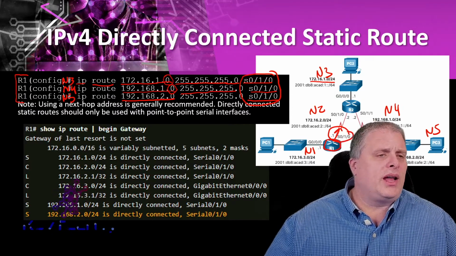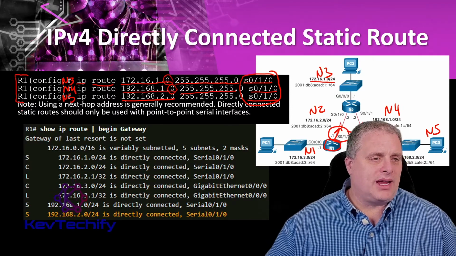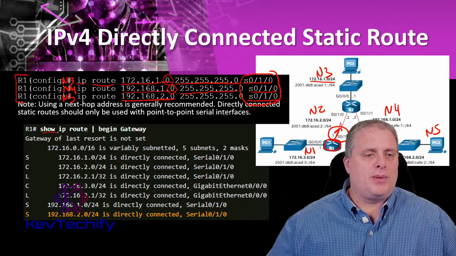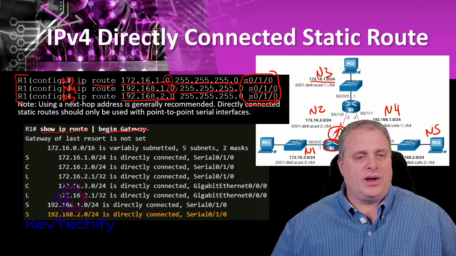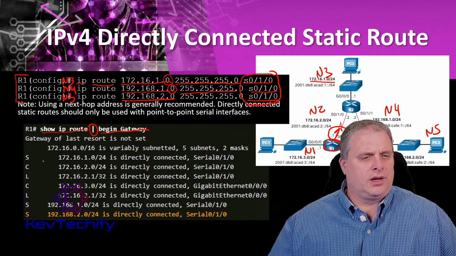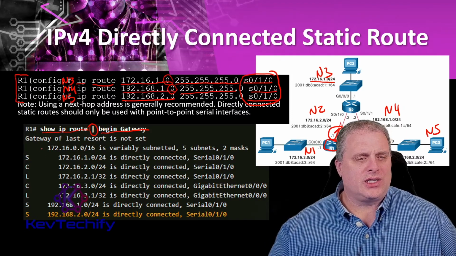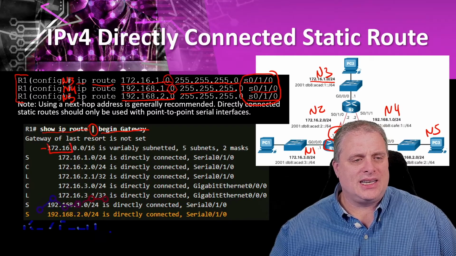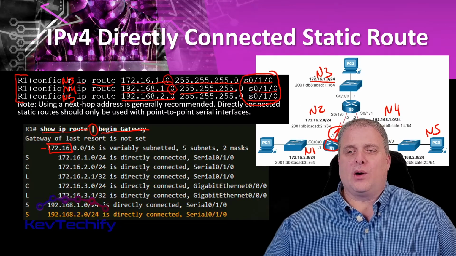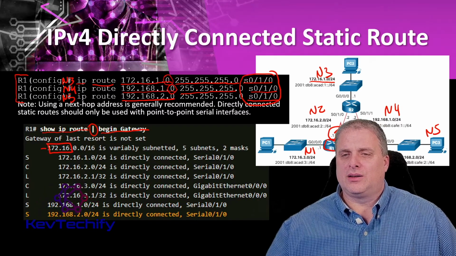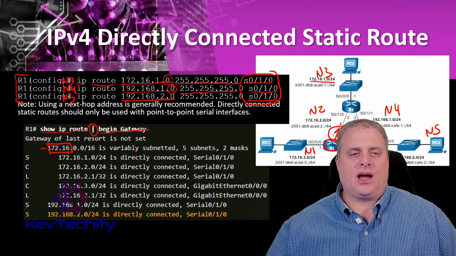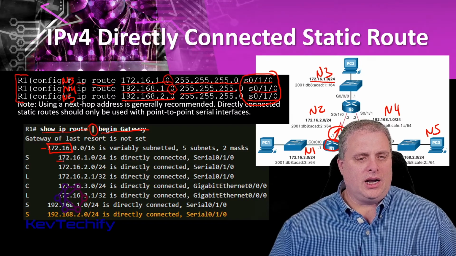We went in here, we entered in our commands up here. Now we did a show IP route, and we began with the gateway statement. We filtered it. We start off here with the parent address of our 172.16.0 network. Network 3 from our topology, 172.16.1, is right here.